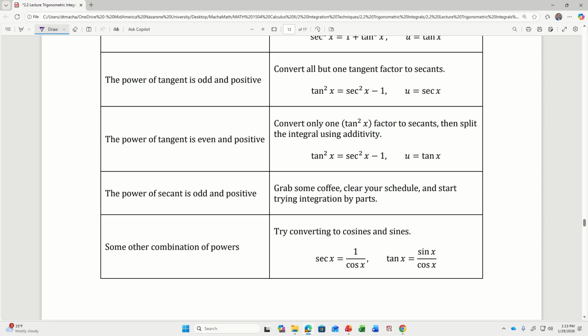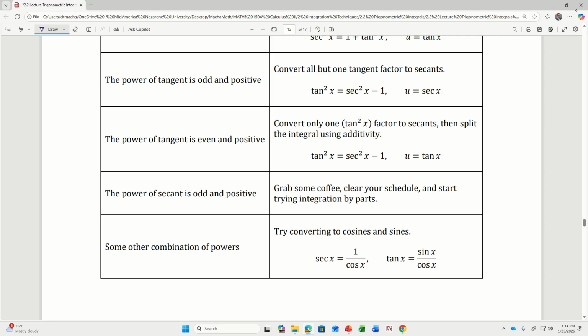But I'm talking about the cases where secant has an odd positive power and there's no tangents there to fix the solution for us, then that's really hard. Like if you have the antiderivative of secant cubed, for example, that takes an hour at least to work through. It's not impossible, but it's really crazy, and we wouldn't put that on a test.